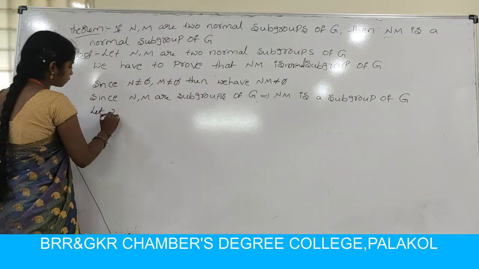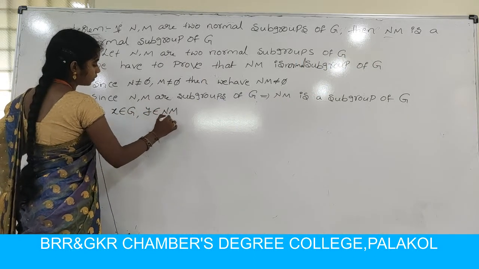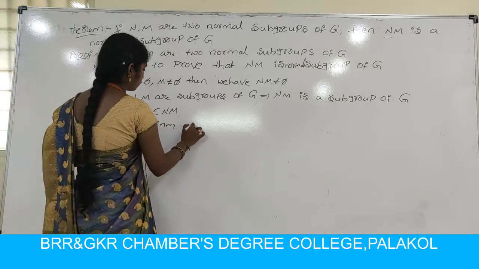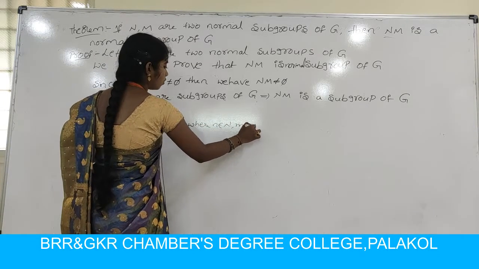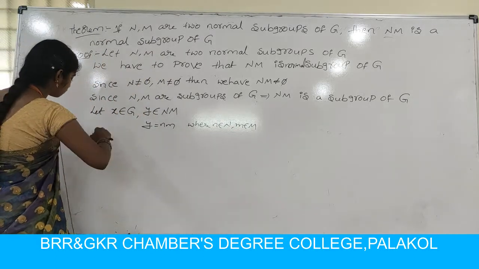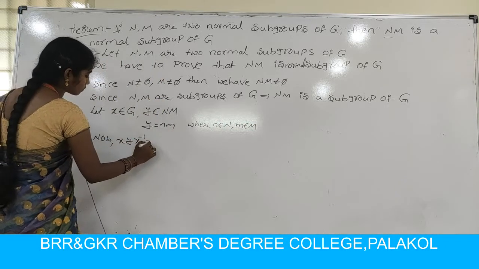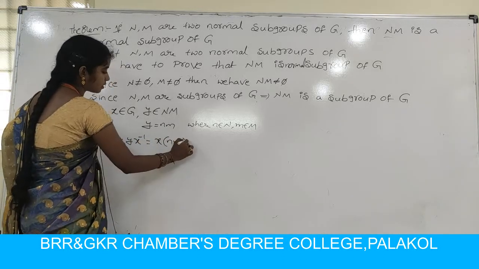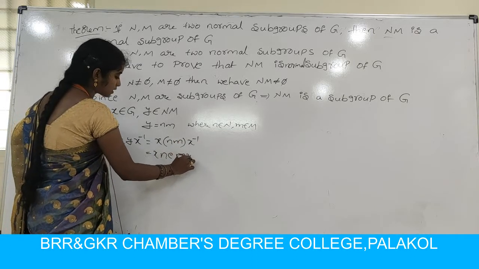So let us consider x belongs to Z, y belongs to NM. That means y equals nm, where n belongs to N, m belongs to M. Now consider xyx inverse. It can be written as x times n times m times x inverse.